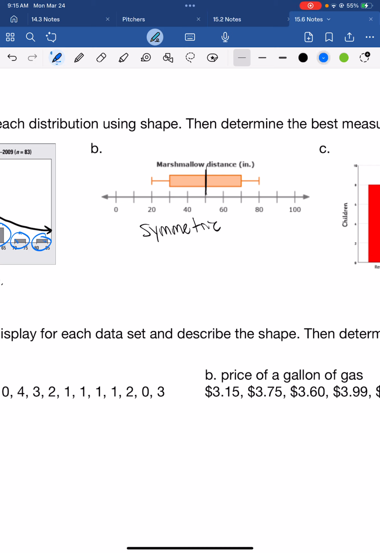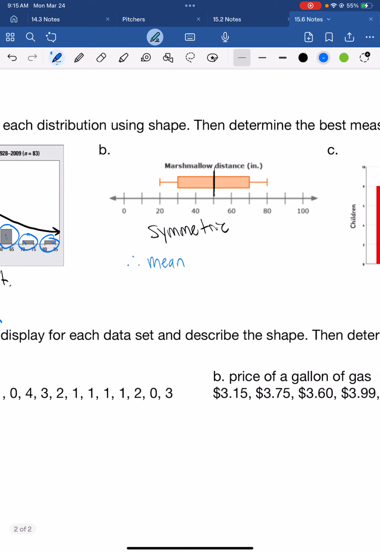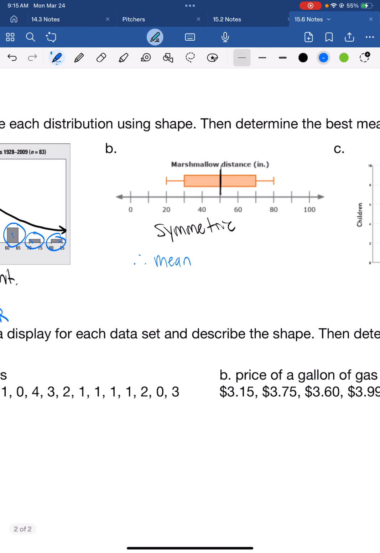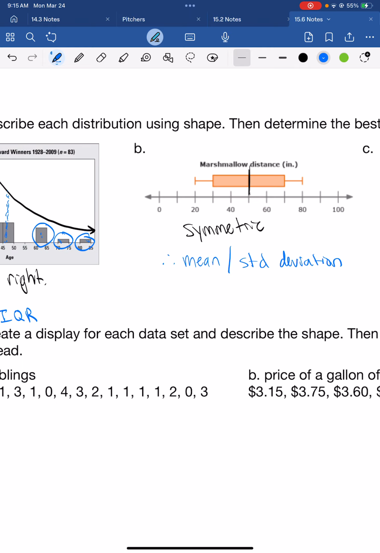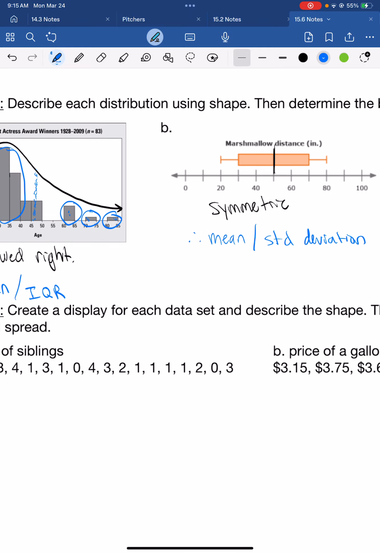And when we use a symmetric graph, we are going to use the mean as our center, because there's going to be an equal amount of data on both sides, so the mean will be a good way to describe the distribution. And whenever we use the mean, we are going to use standard deviation as well for our spread. So mean and standard deviation go together, and median and IQR go together.